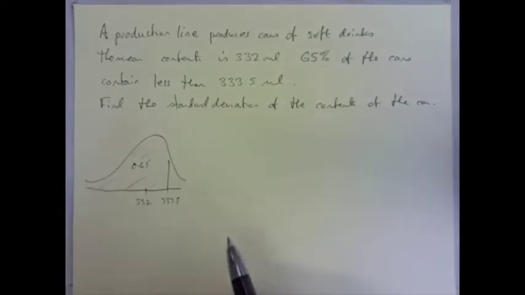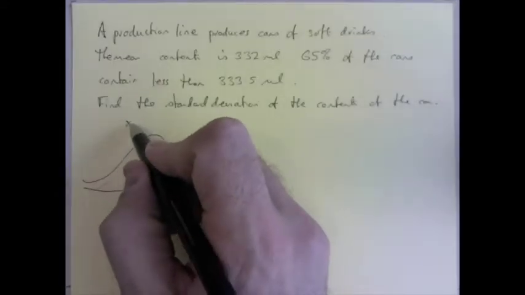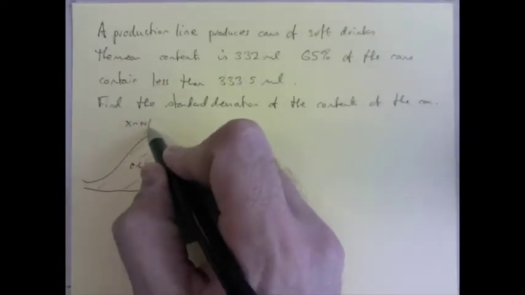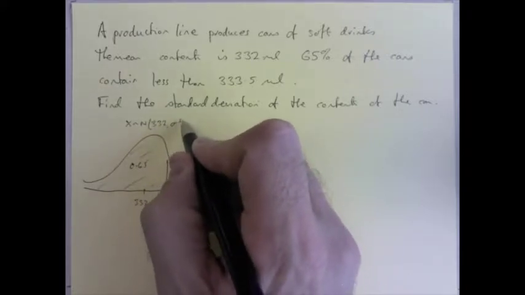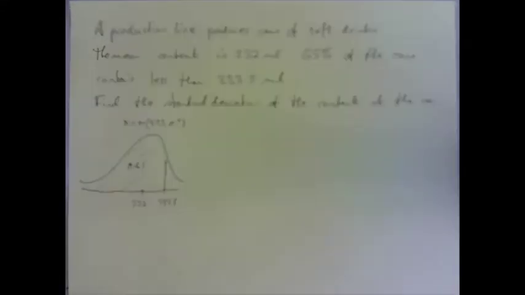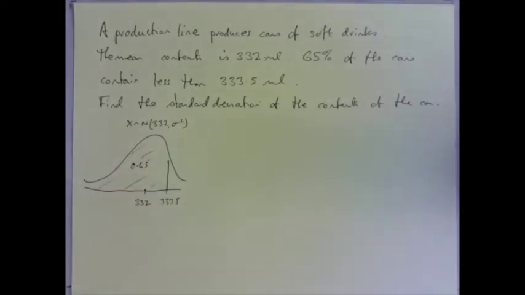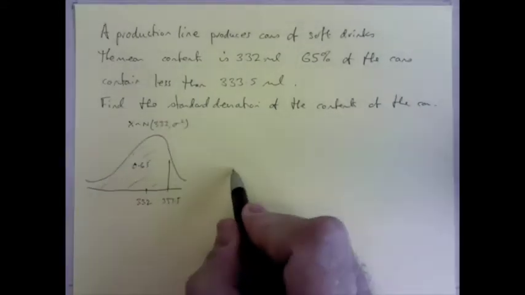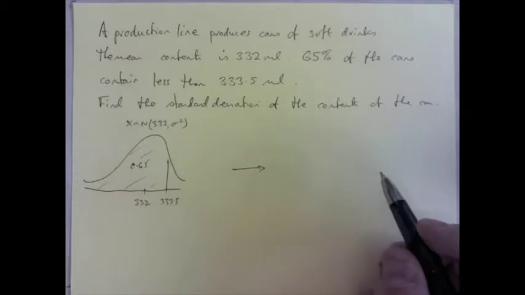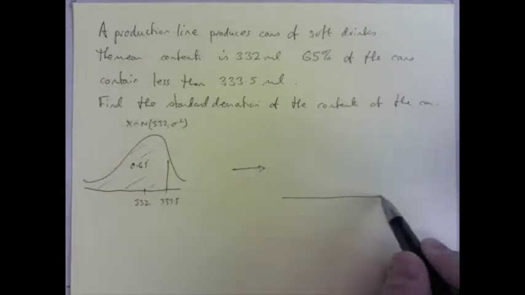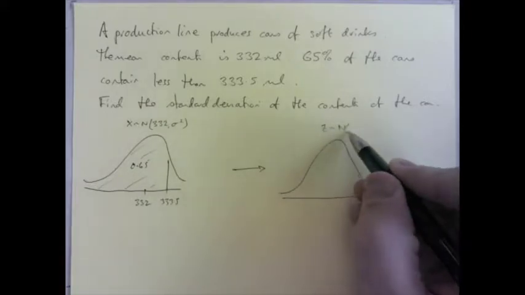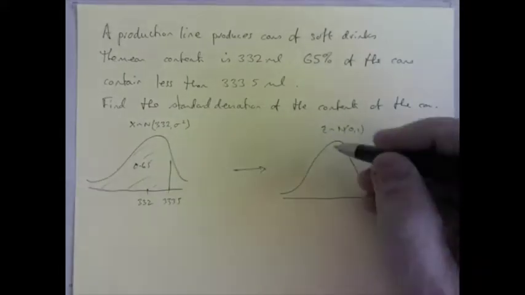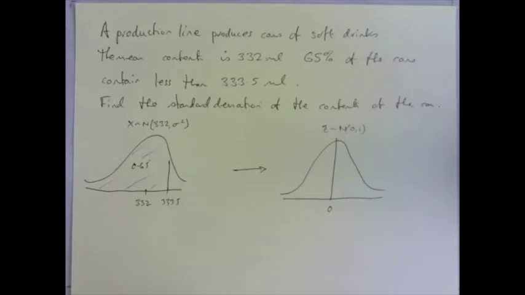That was given. I'm also just going to remind myself that x is the normal distribution, 332 is the mean, and the variance, sigma squared, is unknown. So with that information, I'm stuck. So what I'm going to do, I'm going to standardize to the z distribution. Z is normal distribution 0, 1, which I know is centered on 0.